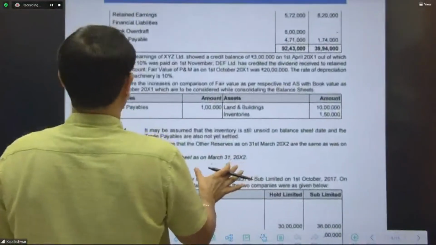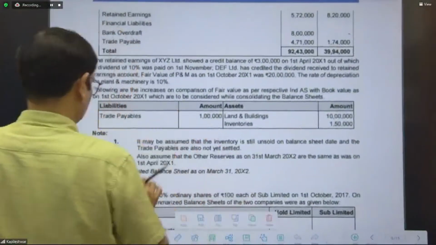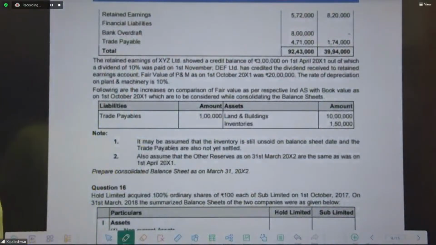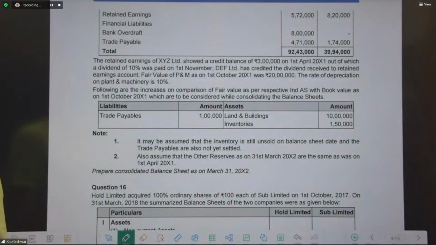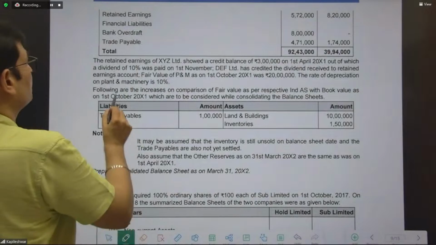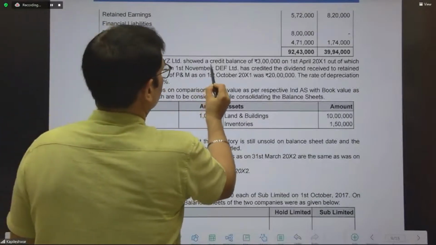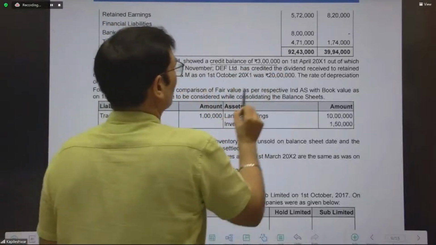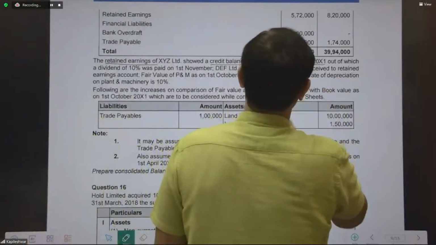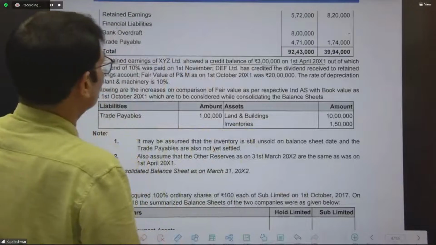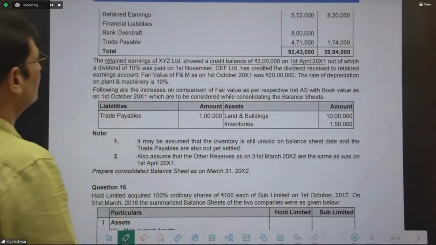Okay, let's see further. Now we're given some more information in the question. So after the balance sheet has been given, we are given more inputs. The retained earnings of XYZ shows a credit balance of 3 lakh on 1st April X1. So this is given so that we can do the analysis of other equity.